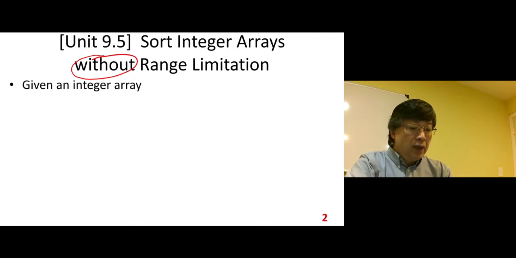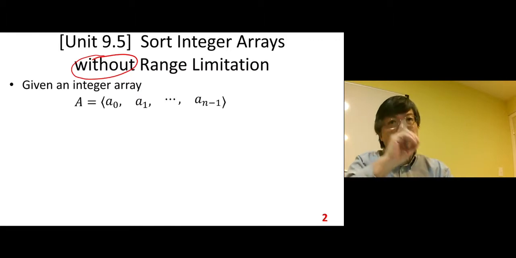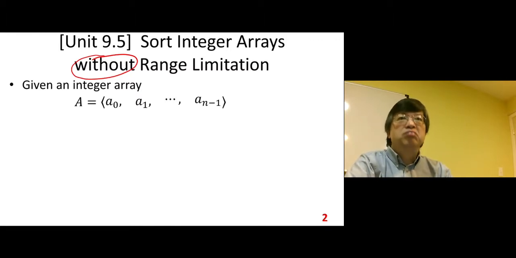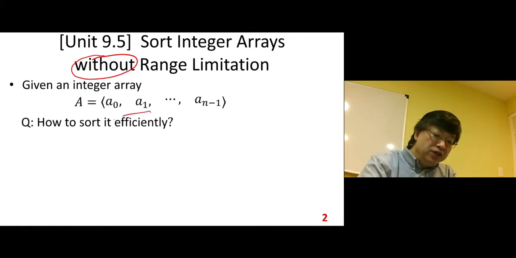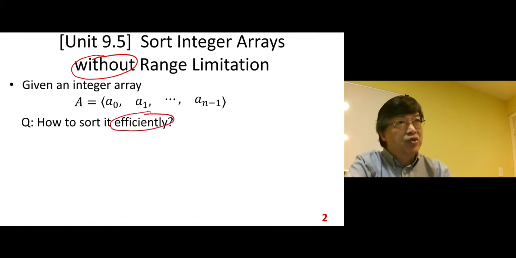Given an integer array, here we remove that range condition. How to sort it efficiently? What do we mean by efficiently here?